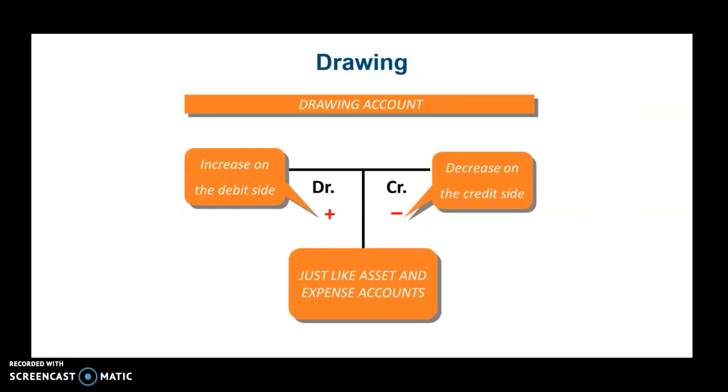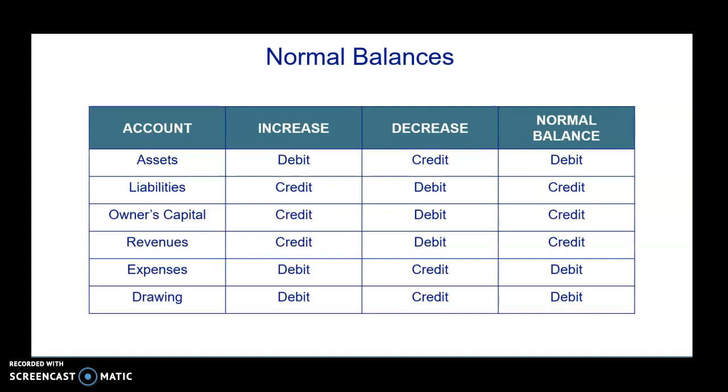Now, here's an area for you to look at, and this is a very good chart. It's also in your book, but this is a slide. Maybe take a screenshot of it as you're going through this chapter, especially to remember which side they increase and decrease on and what their normal balance is. Their normal balance is always the side that they increase on.